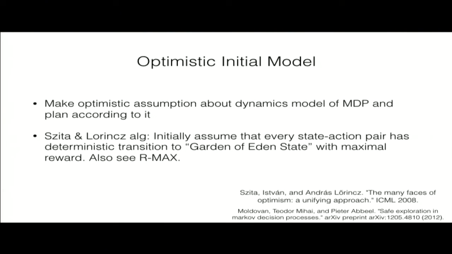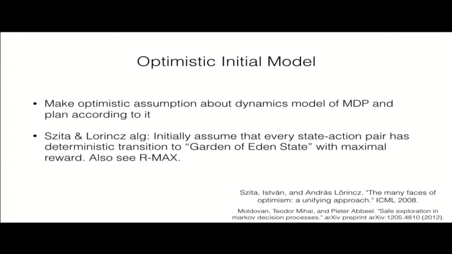Rmax is one of the earlier versions of this idea. A simpler version was provided in a nice paper by Szita and Lorincz, where you initially assume that every state action pair has a deterministic transition to the Garden of Eden state, where you get maximal reward for all future time steps. So you construct this augmented MDP with the Garden of Eden state, and you initialize your model so that all state action pairs transition to that state with high probability.